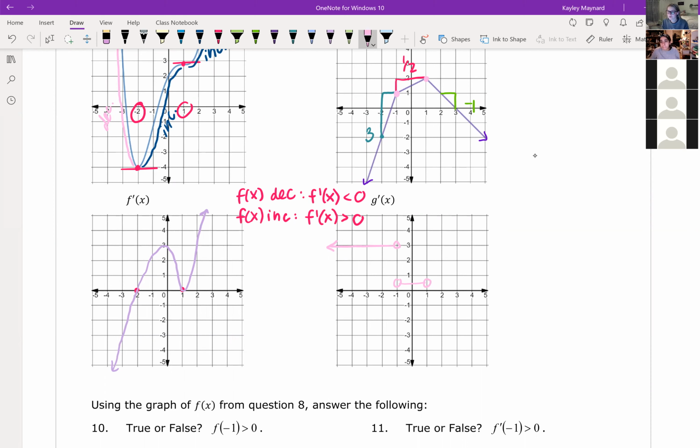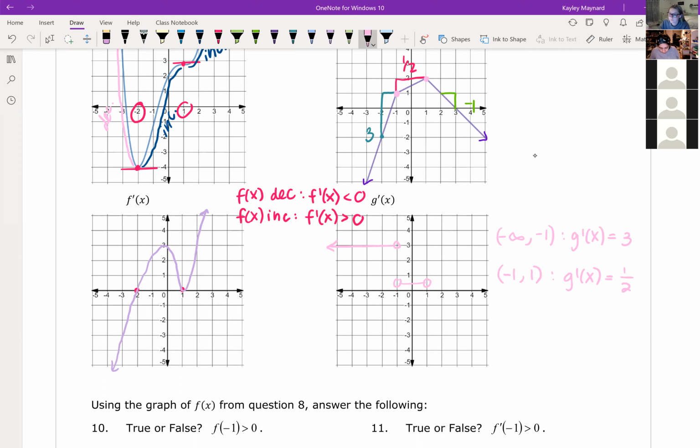So if it helps, you could also draw a little chart and say, okay, from -infinity to -1, f prime, or, oh, this one's g, sorry, g prime of x is 3. And then you could say, well, from -1 to 1, g prime of x is 1/2.